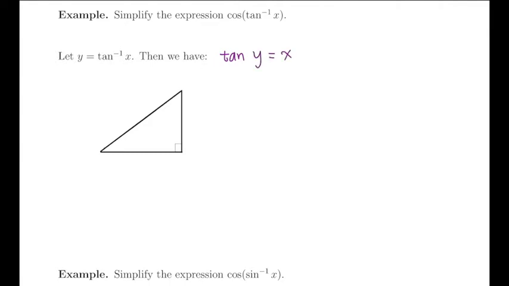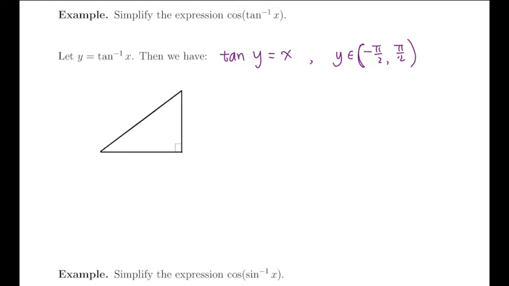And remember that when we're looking at the inverse, that automatically means that there was a restriction on the angle y. And if you remember, the restriction is from -pi/2 to pi/2. These are open brackets on both sides. Okay, now we're going to utilize a right triangle. Tangent denotes opposite over adjacent on a right triangle.